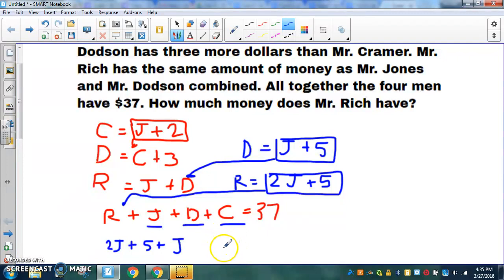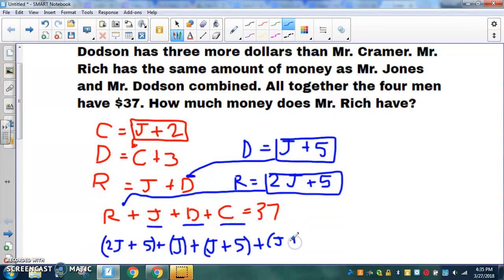But if you look up above, D is defined in terms of J. I can actually replace this D the same way I did up here with J plus 5. This is helpful to use grouping symbols just to make it clear where we're getting each thing. So 2J plus 5, that's Mr. Rich. J is obviously Mr. Jones. J plus 5 is Mr. Dotson. And then Kramer, get from the very top line, was J plus 2.